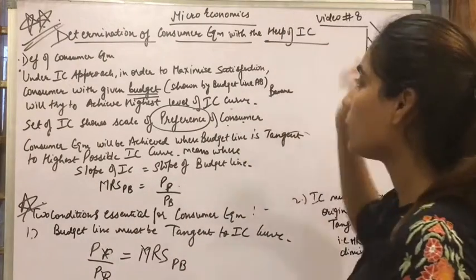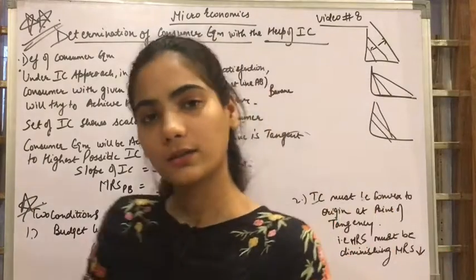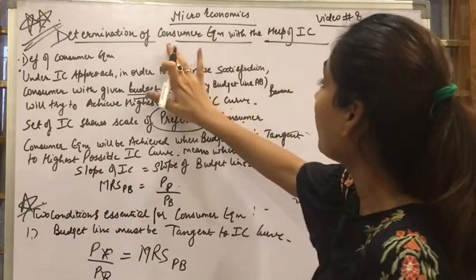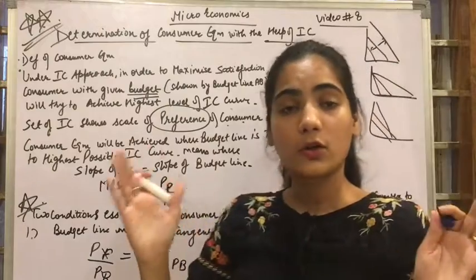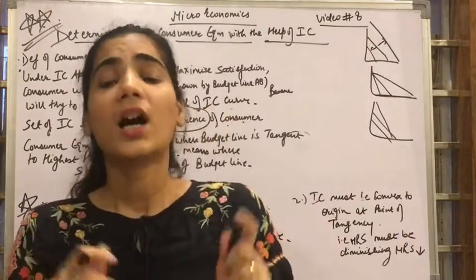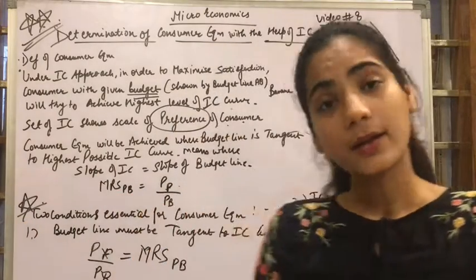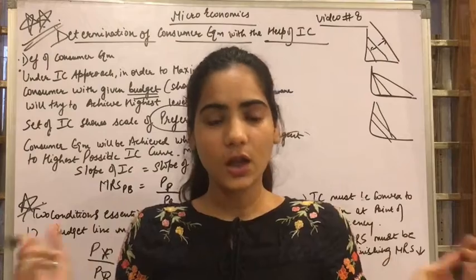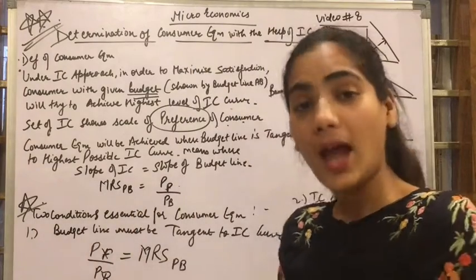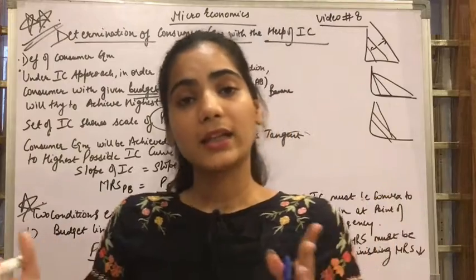So now let's come to the determination of consumer equilibrium with the help of the IC curve. Now, we have understood consumer equilibrium because we have started already. What is consumer equilibrium? It is a condition or a situation where the consumer is having maximum satisfaction with the given income and he does not want to change the way he is spending the money.